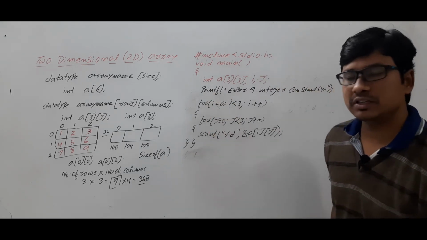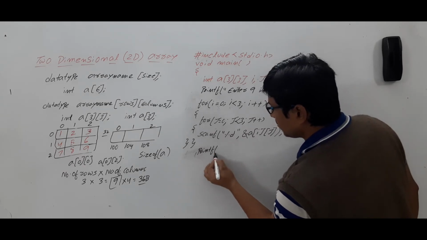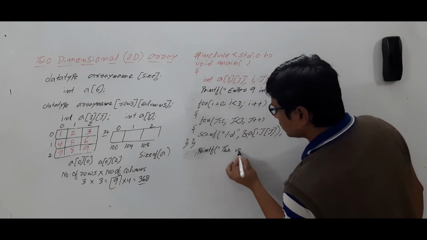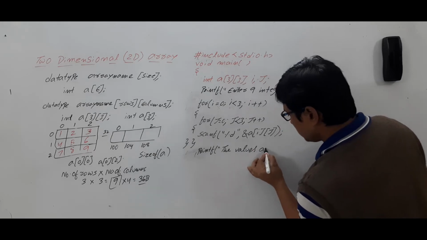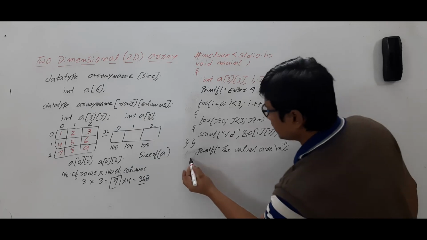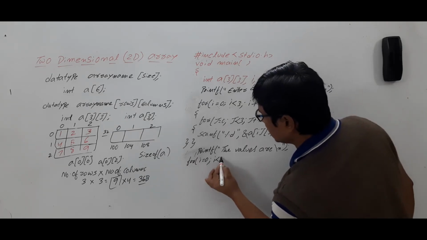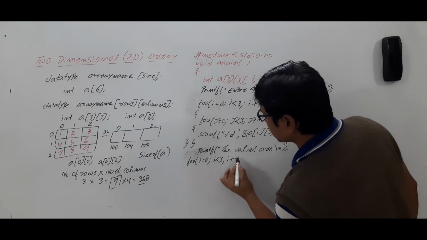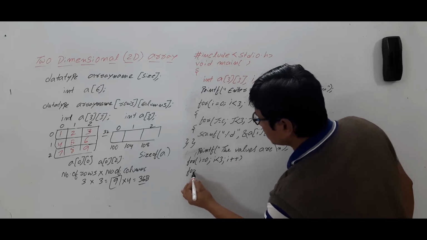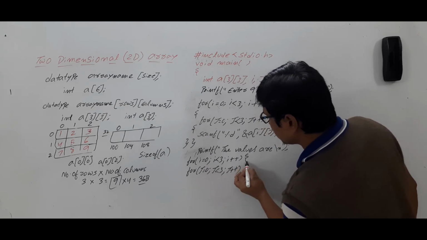Now I want to display the values to the user. So you can write a printf, the values are, \n. For i equal to 0, i less than 3, i plus plus. For j equal to 0, j less than 3, j plus plus. Let me open the curly braces.